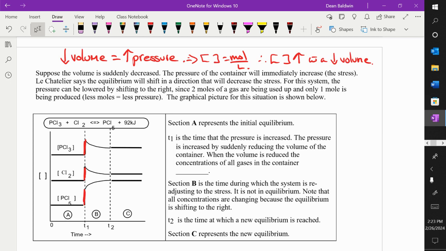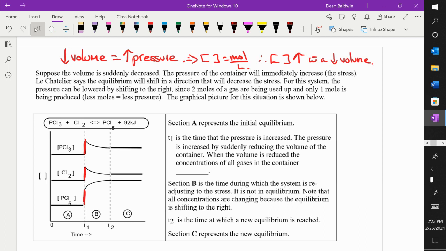And since we shrunk it, this reaction doesn't want 2 molecules of gas. It wants to go to the side that has fewer molecules of gas. So it's going to shift towards the right. You get this initial spike, and then PCl3 and Cl2 will both decrease because the reaction is pushing back towards the right, and the PCl5 will increase until it reaches the new equilibrium, which is the flat line.